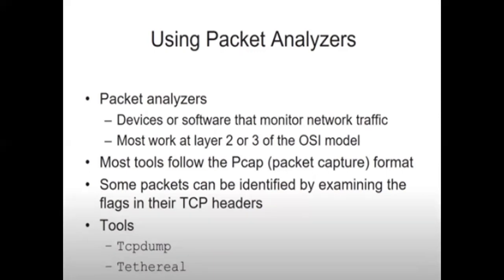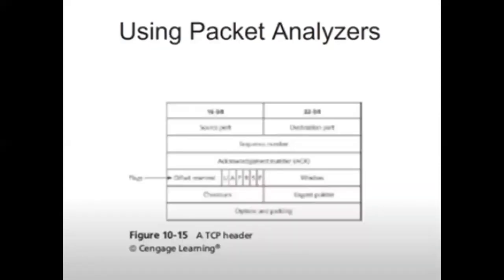Packets come from the client to the server with TCP headers or TCP footers. By using different packet analyzer tools, we can identify the data transferring from the client to the servers. Those are tcpdump or tethereal. These are a few tools used in packet analyzers.